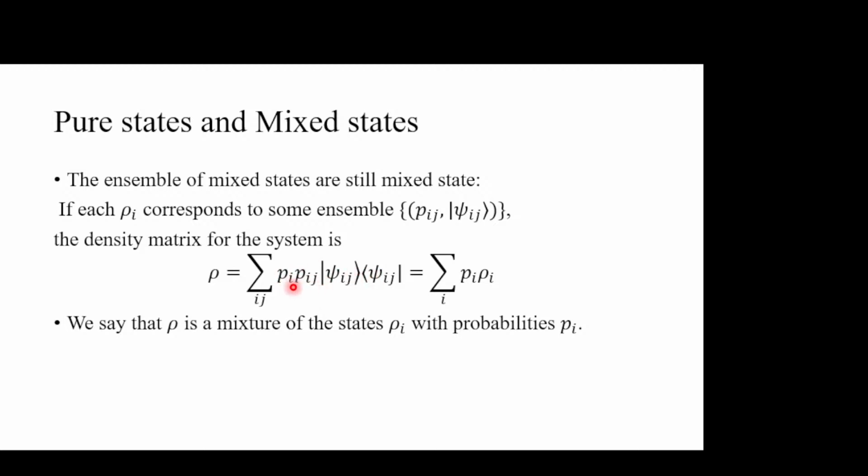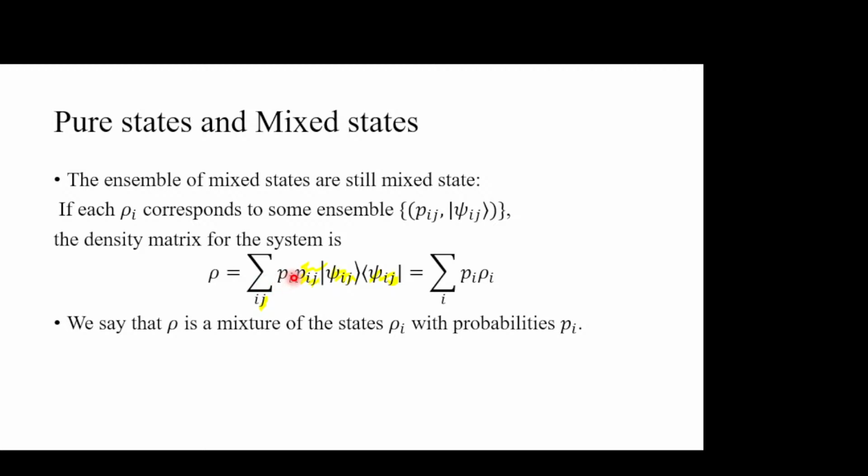And here once again there is simple linearity. If we resolve the summation over j first, the j-dependent terms are those p_ij, psi_ij, and the summation over j.